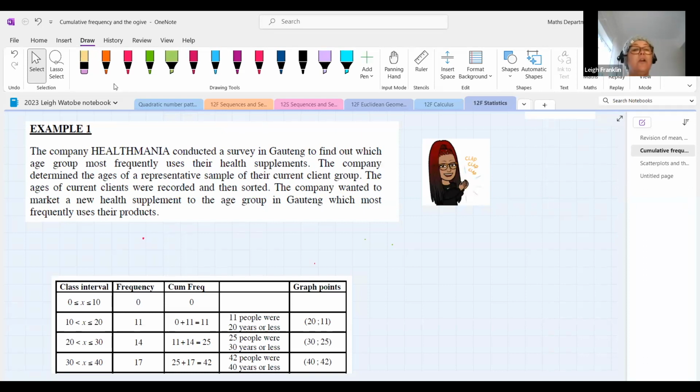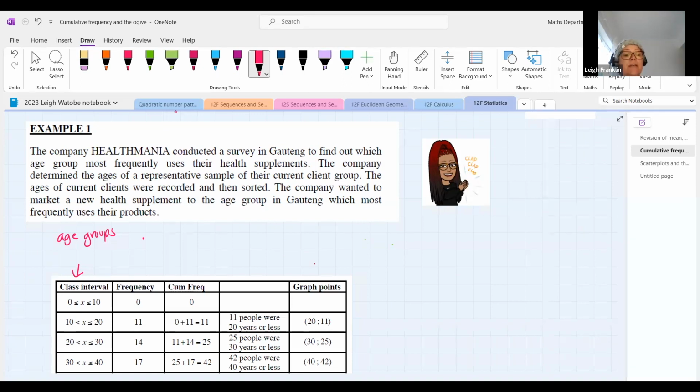Okay, so the class interval represents the age groups of the people in the survey. All right, so someone between 0 and 10 years of age. Okay, nobody between the ages of 0 and 10 uses any of these supplements.